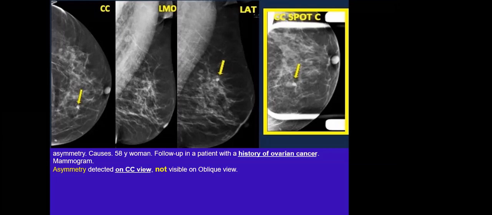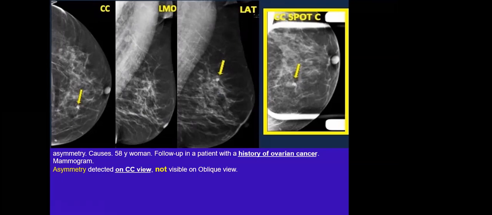So you expect a straight lateral in case of a lesion seen on MLO but not seen in CC. But even if the lesion is seen on CC, we can do a straight lateral view. In this case, they have done a straight lateral that demonstrates the lesion, and spot compression demonstrates the lesion.